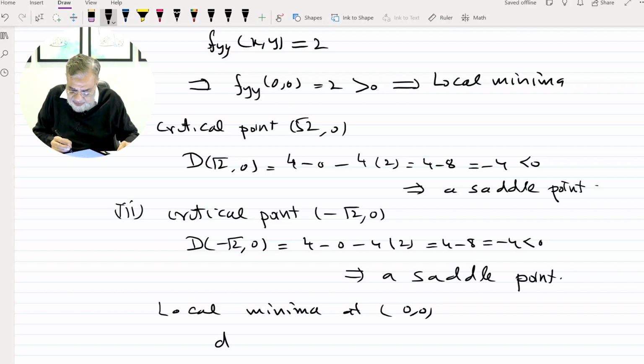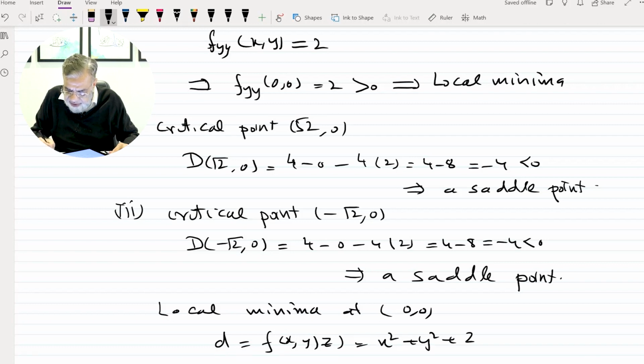Now I can find the value of d. The d is my value of the function at the point (x, y). When we take this x, y, and z, the function we have defined was x square plus y square plus z square.